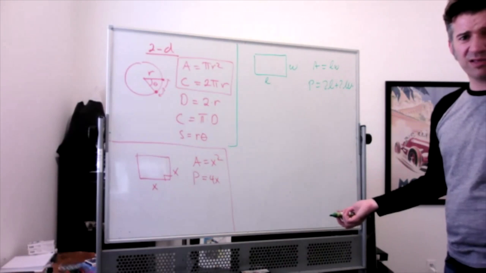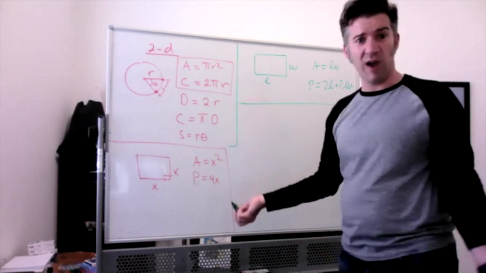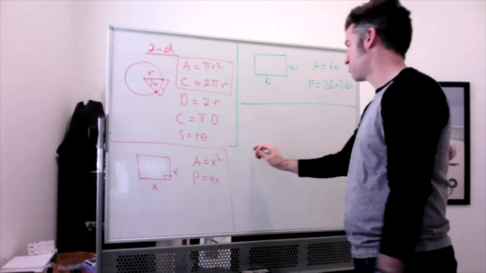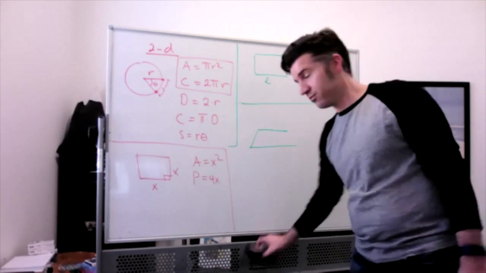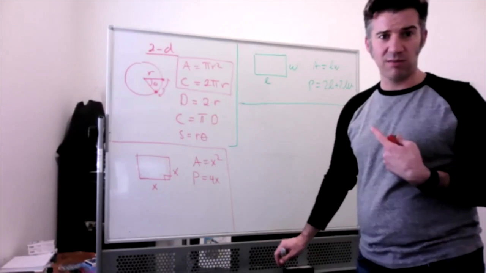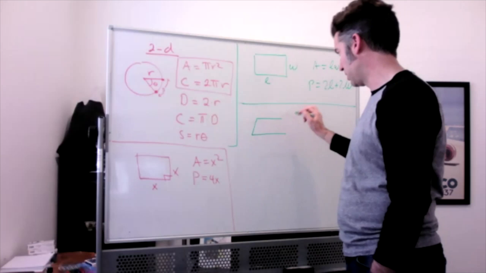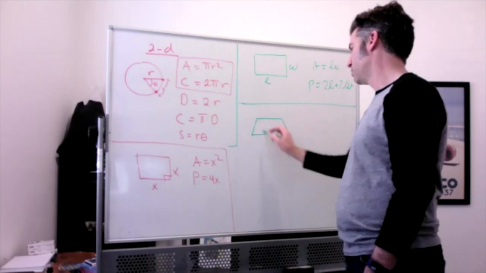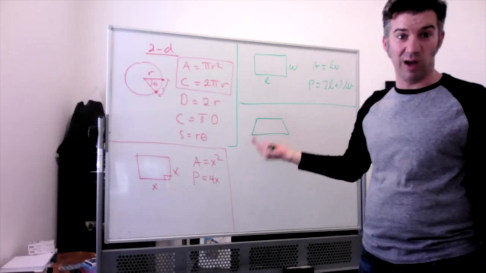Other 2D shapes. I feel like sometimes you run into trapezoids. And I should mention, when I say trapezoid, you probably think of this particular looking shape or something like it. But a trapezoid is really any shape where you have 2 parallel sides and 2 non-parallel sides.